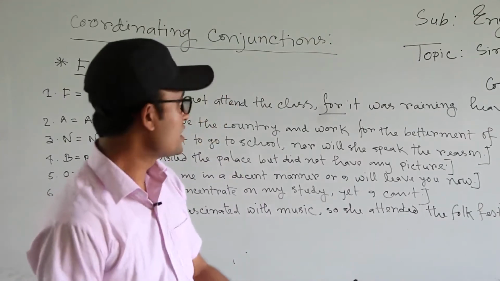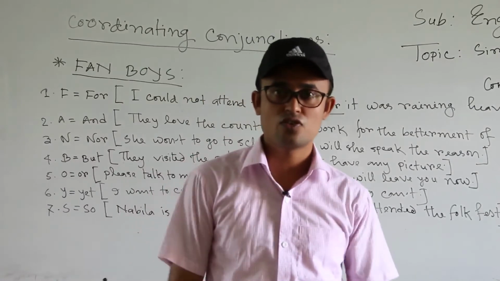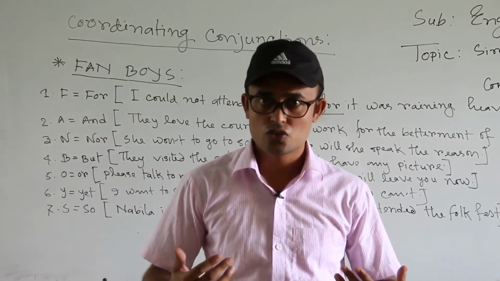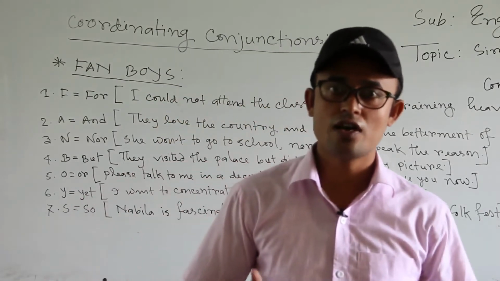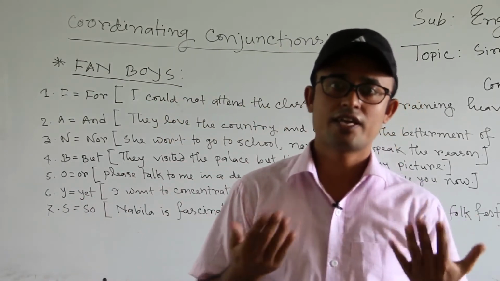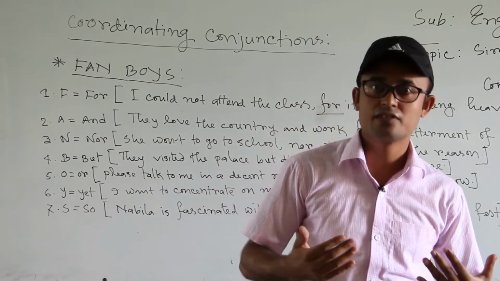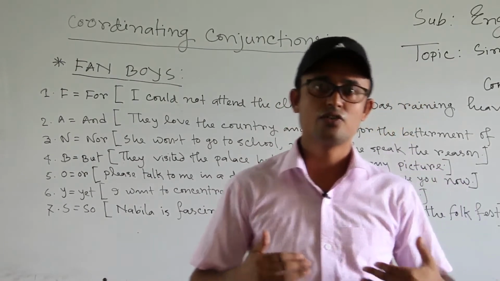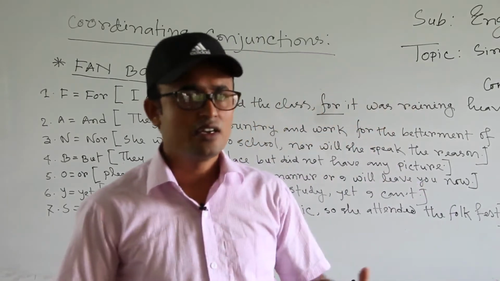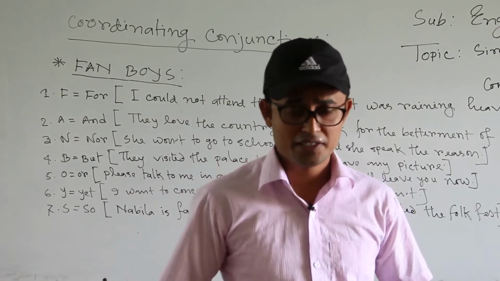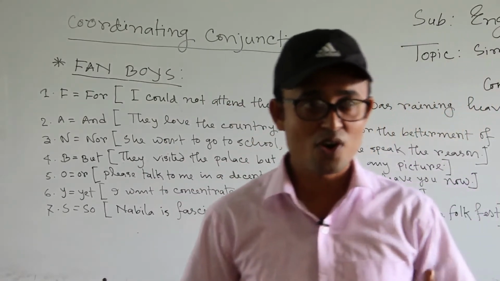প্রিয় শিক্ষার্থীবৃন্দ, আমরা এখন কোঅর্ডিনেটিং কনজাংশনগুলা সূত্রের সাহায্যে শিখব। তোমরা জানো কোঅর্ডিনেটিং কনজাংশনগুলা কোন সেন্টেন্সে থাকে? সেটা থাকে কম্পাউন্ড সেন্টেন্সে। There are 7 coordinating conjunctions. We will learn these through our tips, okay? That is, all of you know that the boys will be fans.